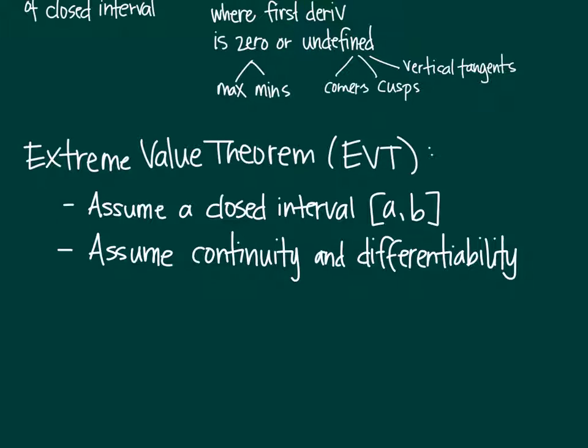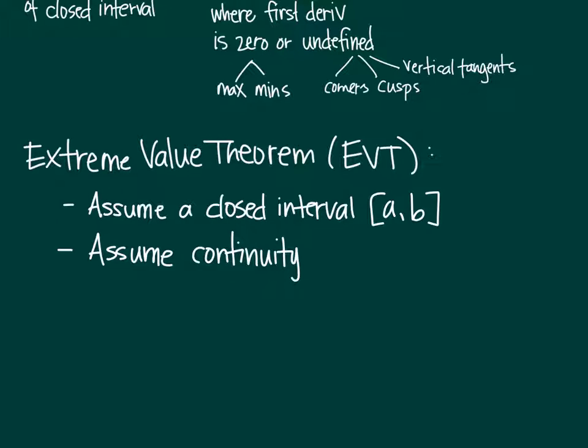Okay, you really only have to assume which one? Differentiability, because if you've got differentiability, you've got continuity. They go hand in hand. You can't have differentiability without continuity. Now, they could say continuity and not have differentiability. Okay, I take it back. Just assume we don't need differentiability for this problem. We need that for the MVT, not the EVT. We just need continuity. That'll make it work.